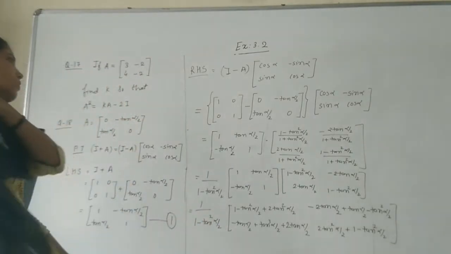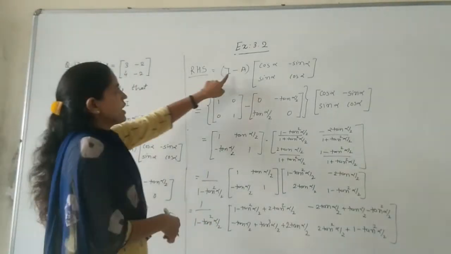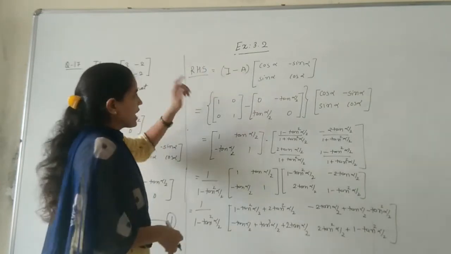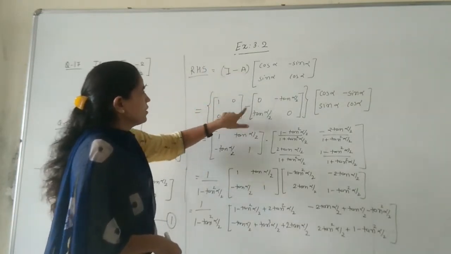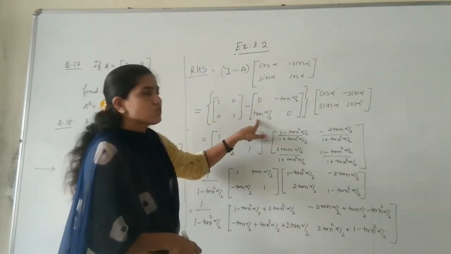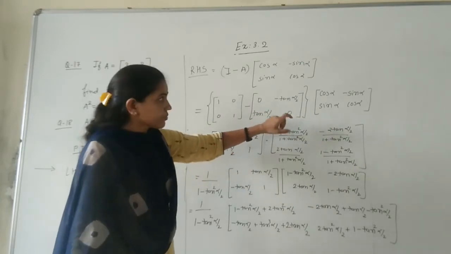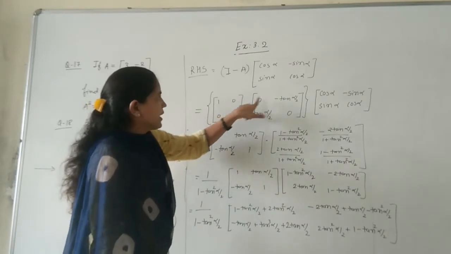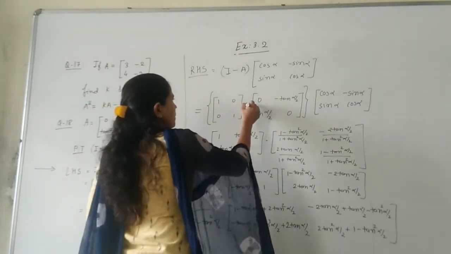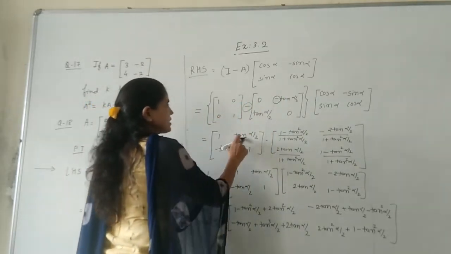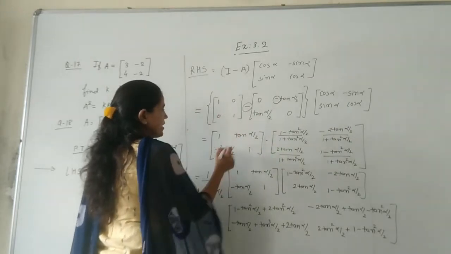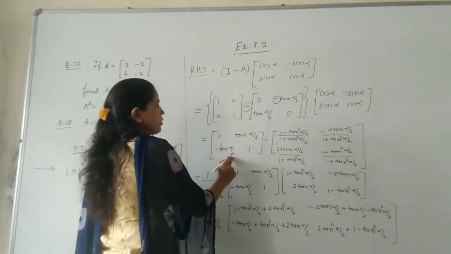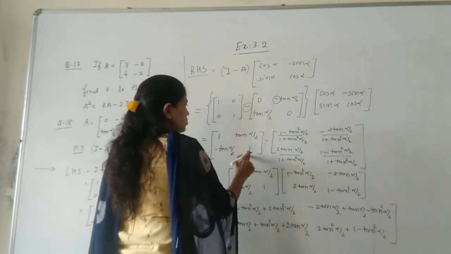So now what do we have to do first? Find out I minus A. What is I minus A? [1, 0; 0, 1] minus [0, -tan(alpha/2); tan(alpha/2), 0]. So 1 minus 0 is 1. 0 minus of minus tan(alpha/2) gives plus tan(alpha/2). 0 minus tan(alpha/2), so minus tan(alpha/2), and 1 minus 0 is 1.